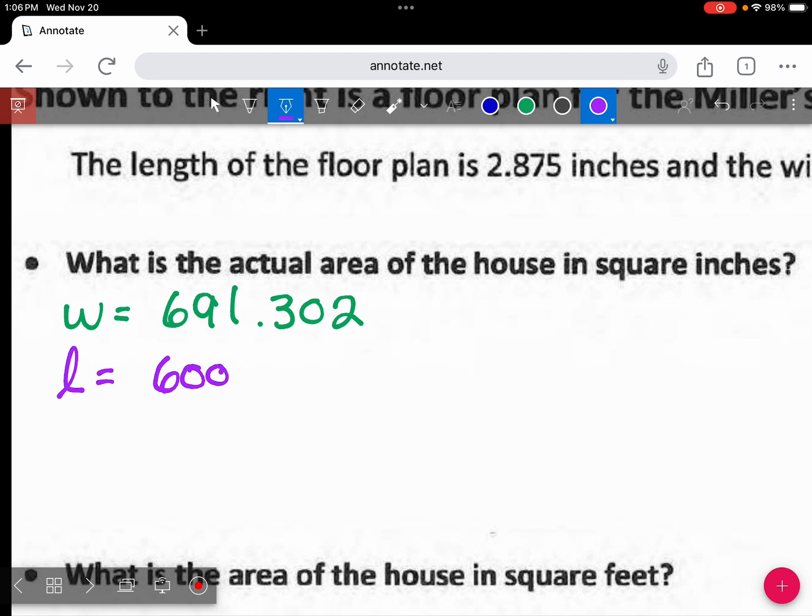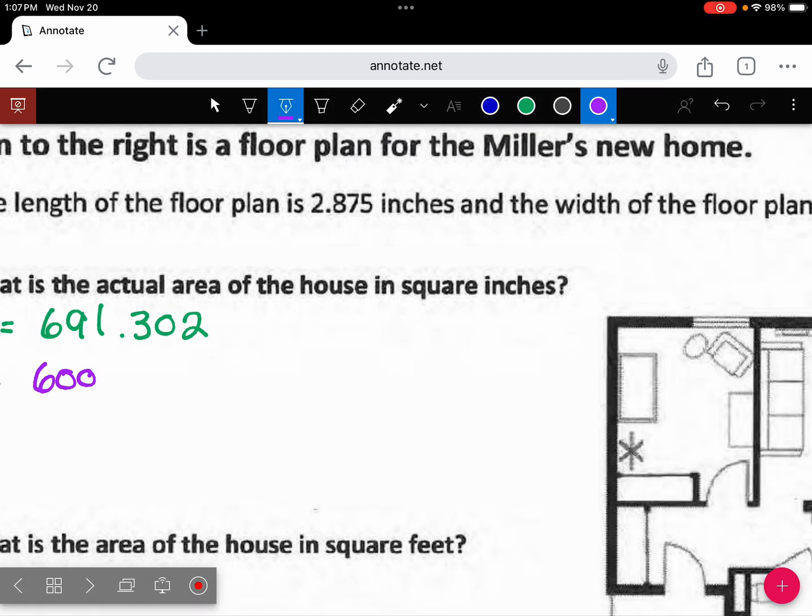So we're not going by the drawing? Not off the drawing, by the real world measurements. I want the real world area of the house. Yeah, these are both in inches. So to find our area, we do length times width.